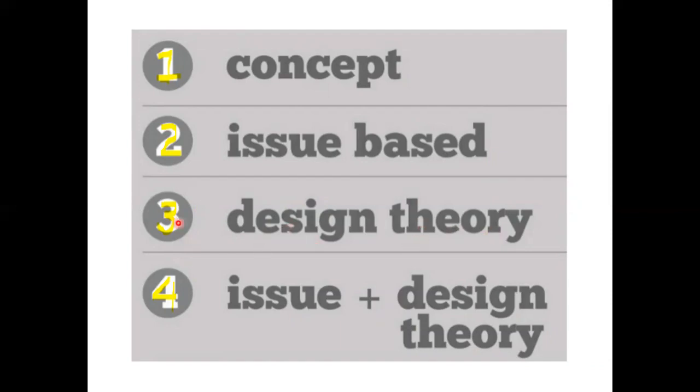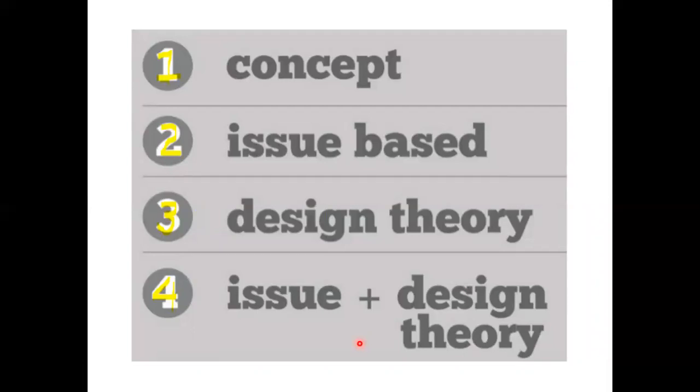And if approaches 1, 2, 3 don't fit or give the proper solution, then we amalgamate approach number 2 with approach number 3. That will be issue-based plus design theory combined, the approach in the fourth architectural design process approach.